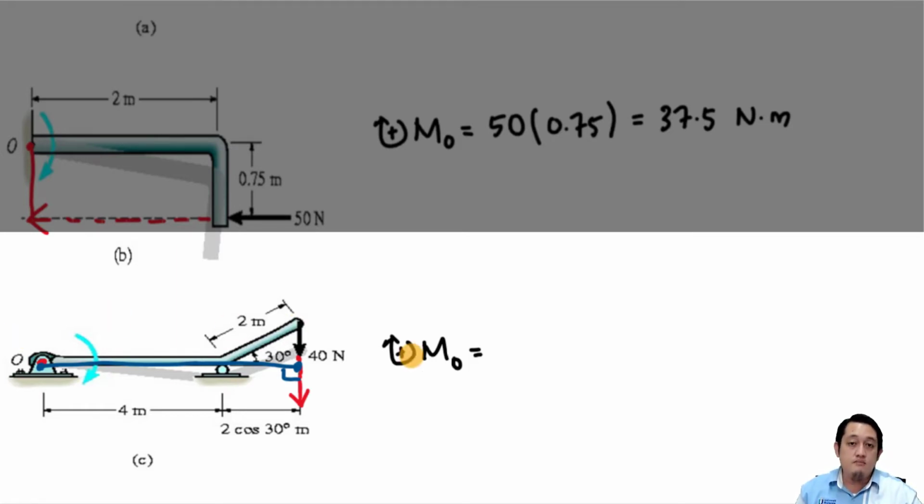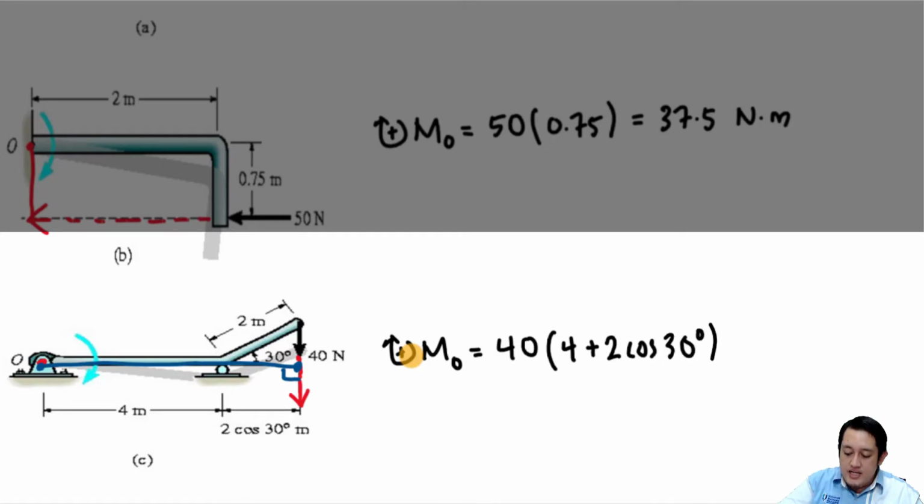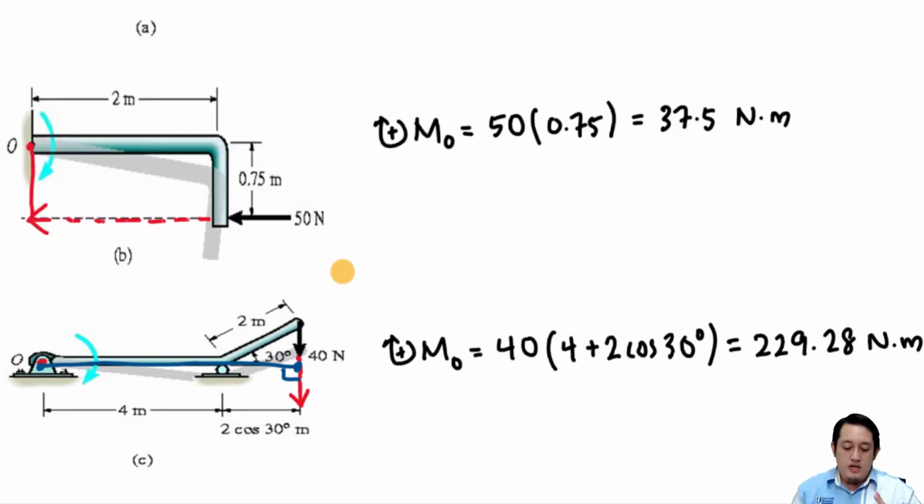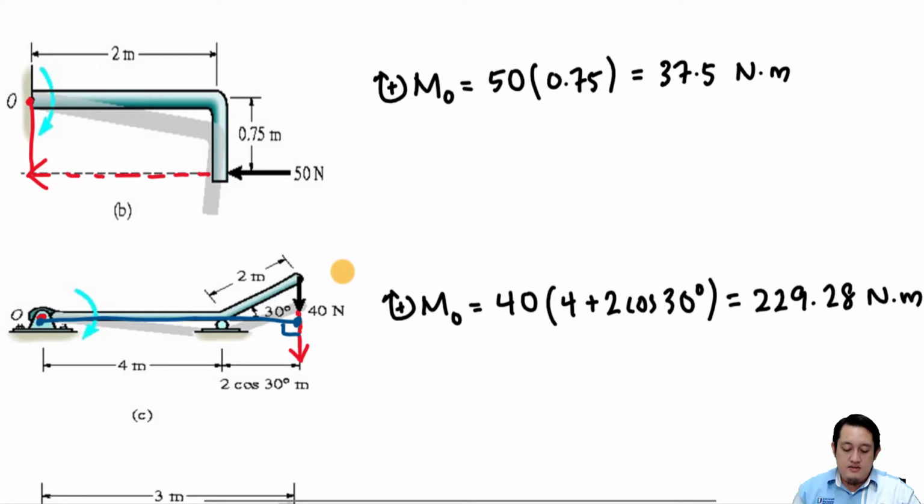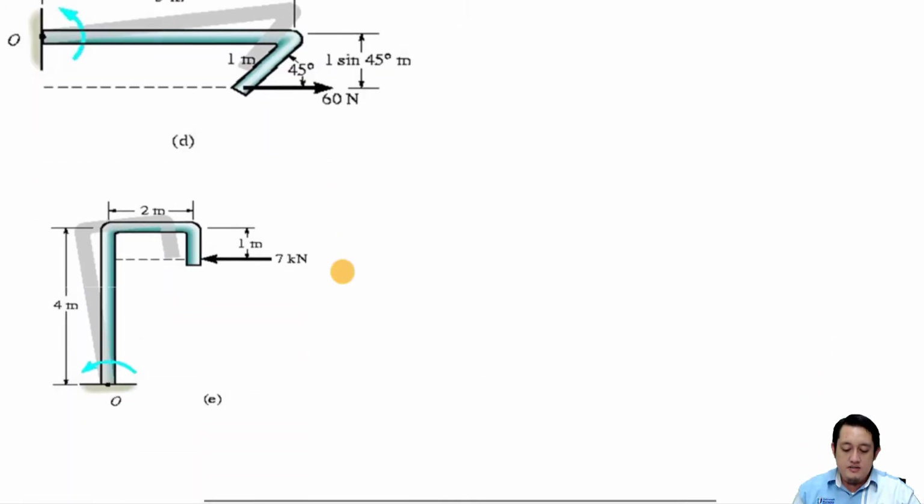So this one will be positive 40 Newton times the distance, which is 4 plus 2 cosine 30. This one. Okay, so the answer is 229.28 Newton meter.